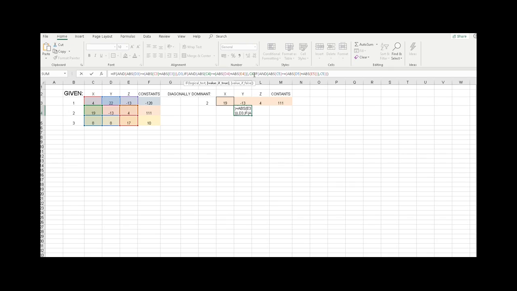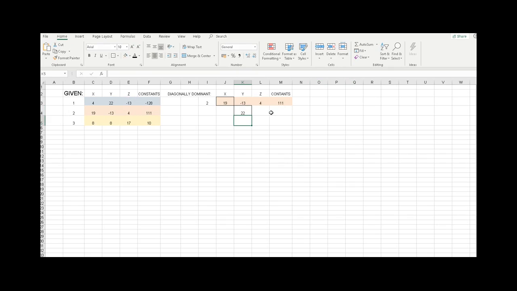So yeah, let's change that. So now what should show here if I press enter is the y dominant equation, which should be equation 1, and the value should be 22.